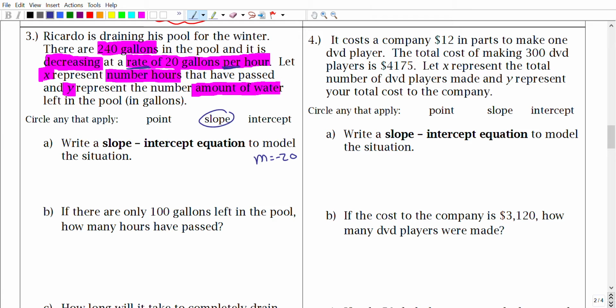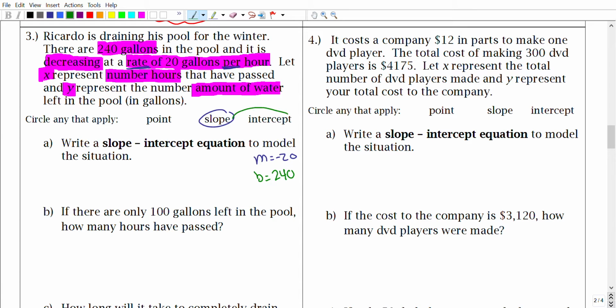And then what else do we have? It says there are 240 gallons in the pool right now. So at the starting point, before it starts decreasing at a rate of 20 gallons per hour, we had 240. If it's the starting value, then that's actually our y-intercept. That's our b. So this is 240.